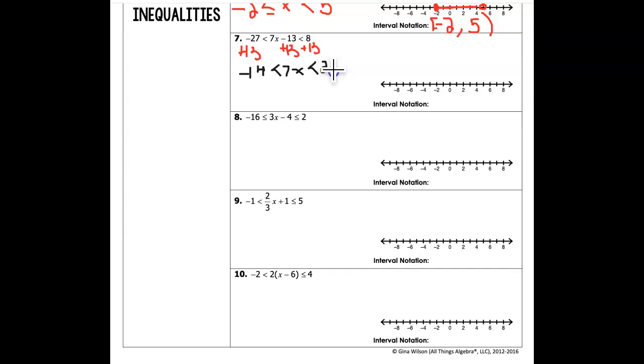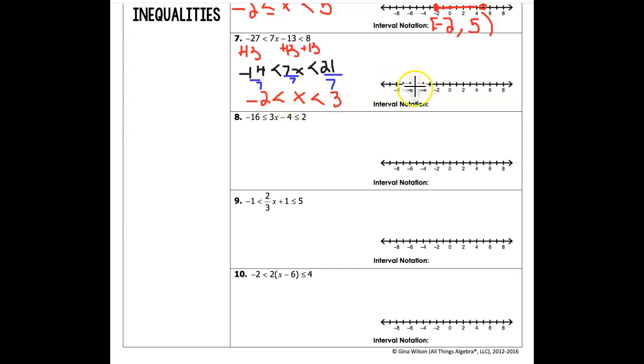And then we just divide everything by 7. And we end up with our inequality as -2 is less than x, which is less than 3.